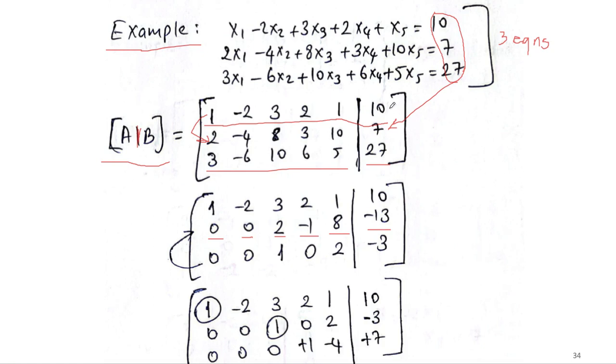Similarly, you can multiply the first row by minus 3, and then add to the last one. These two terms again become zeros, and then 10 minus 9, 1, 6 minus 6, we get 0, 5 minus 3, we get 2, 27 minus 30, we get minus 3.